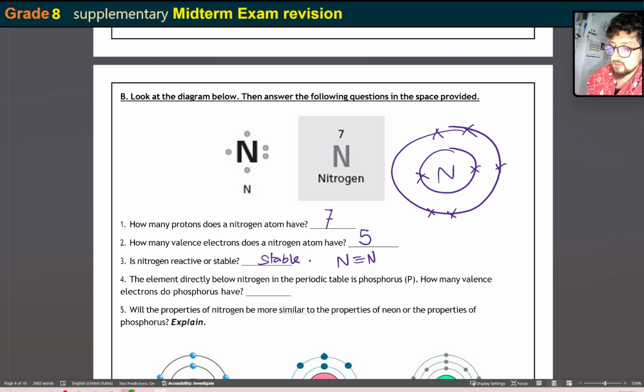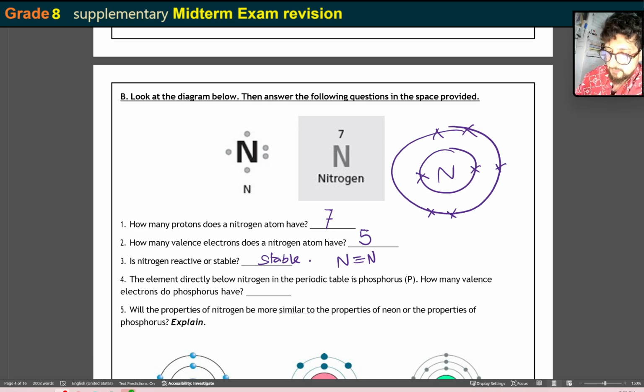So nitrogen gas is generally very stable. But the nitrogen element on its own is somewhat reactive. Again, it's not that reactive, but nitrogen gas is very, very stable. Hopefully, in the exam, it would be clear what they mean.